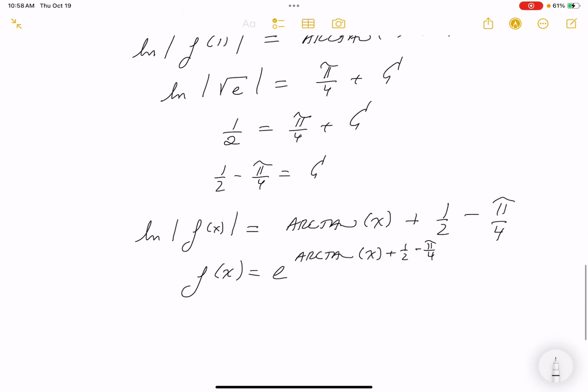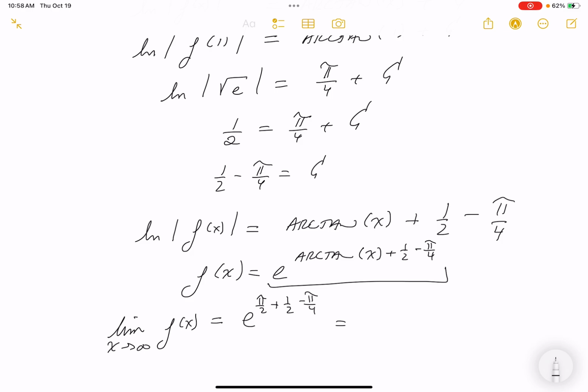So let's put this down. The limit as x goes towards infinity of f of x. Well, this is what f of x is, and I think I can do that. And what are you going to get there? Let's write that down. It's going to be e. When you go towards infinity, the arctangent is going to go towards pi over 2, plus 1/2 minus pi over 4.